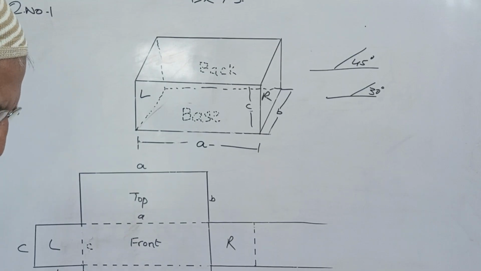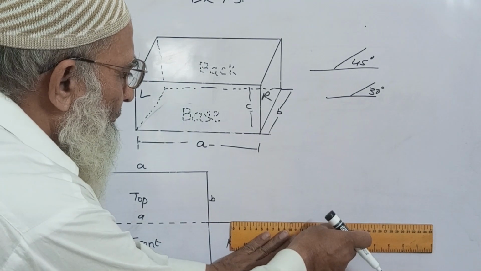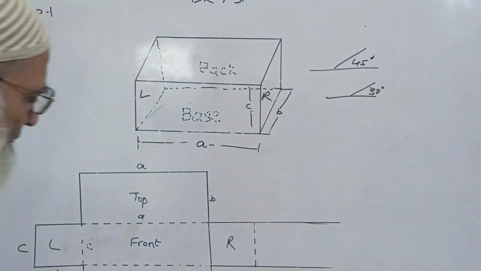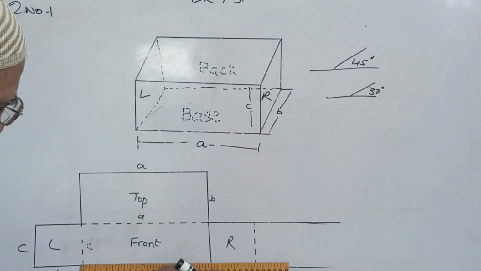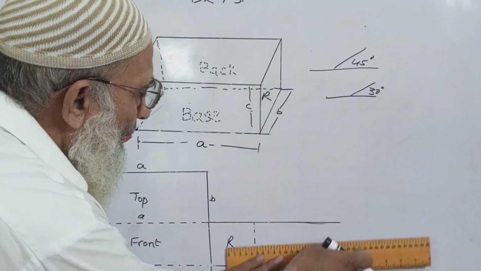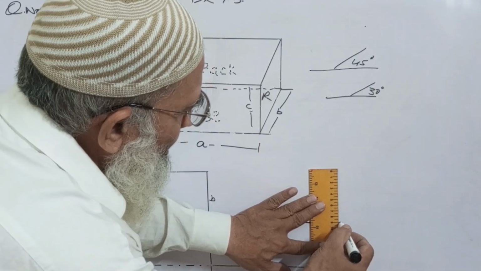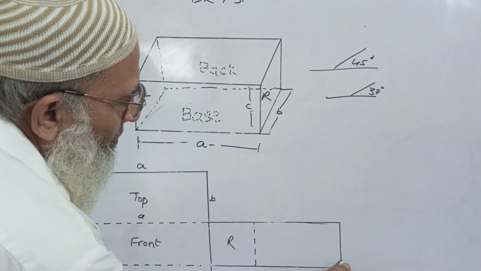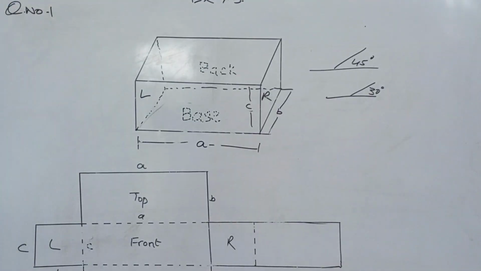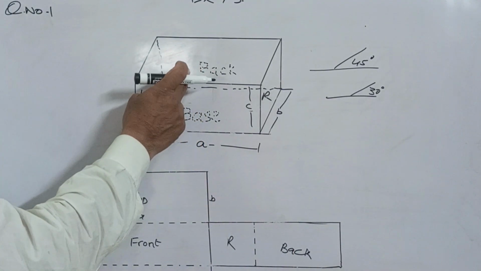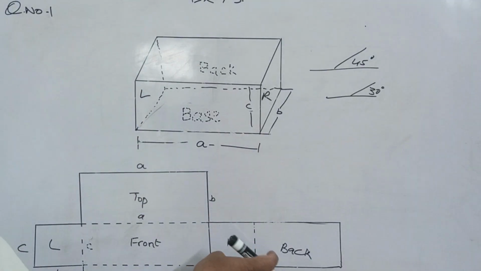So my dear student, just finish this figure and we'll finish the question. Now this will be equal to A. This will be equal to A. And this is the back side, where you are not seeing it, now here you can see.